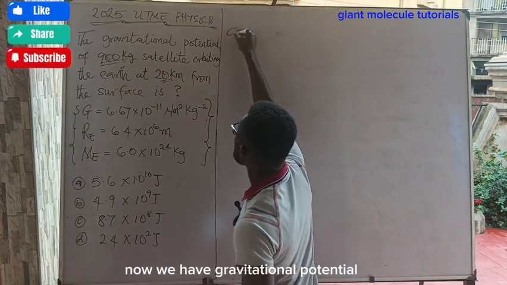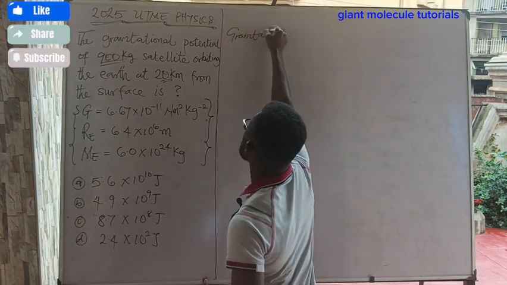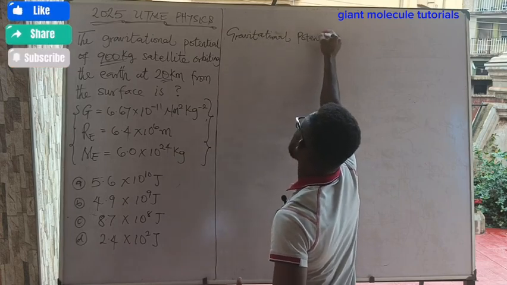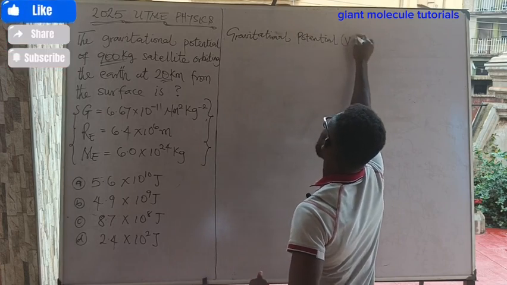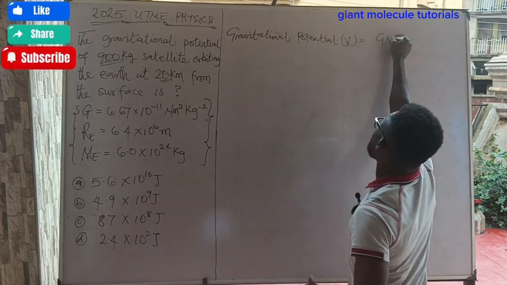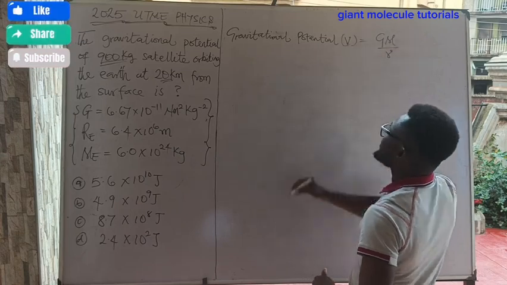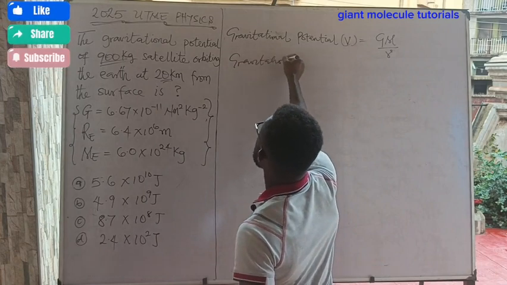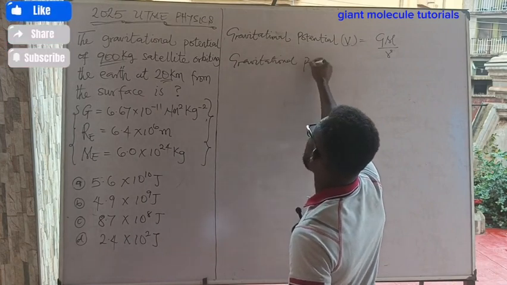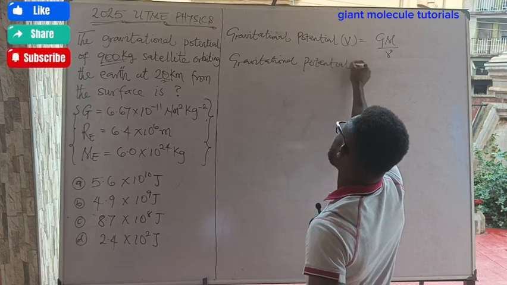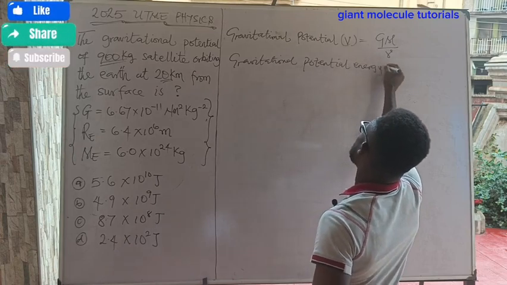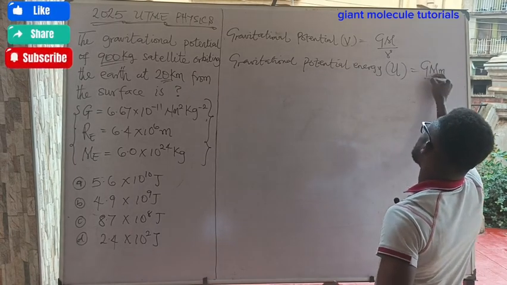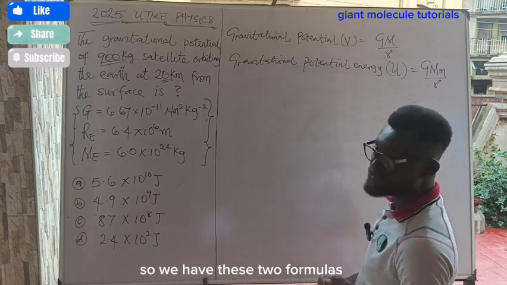Now we have gravitational potential and again we have gravitational potential energy. So we have these two formulas.